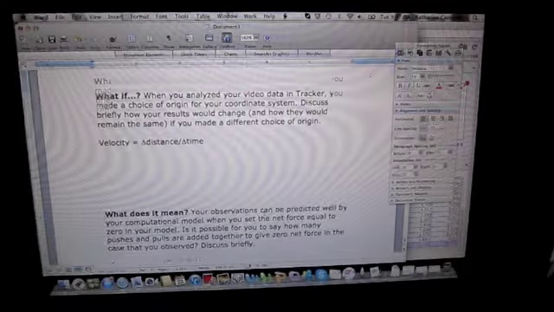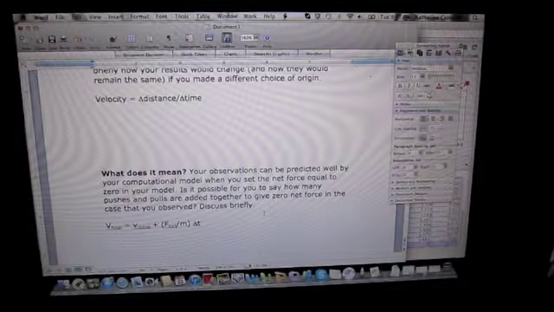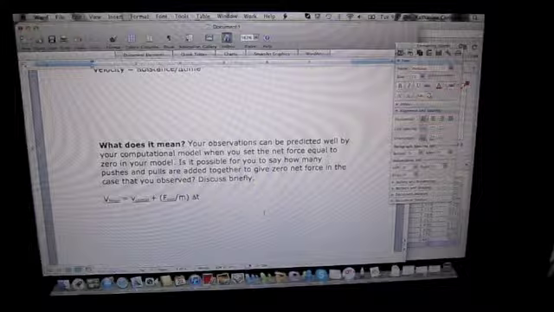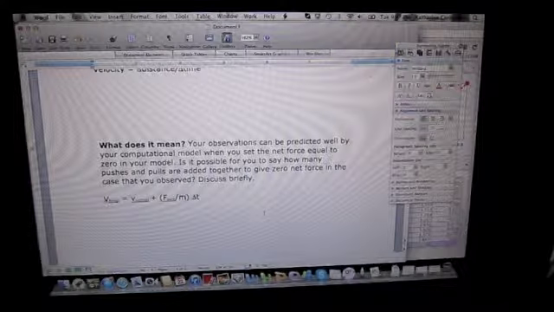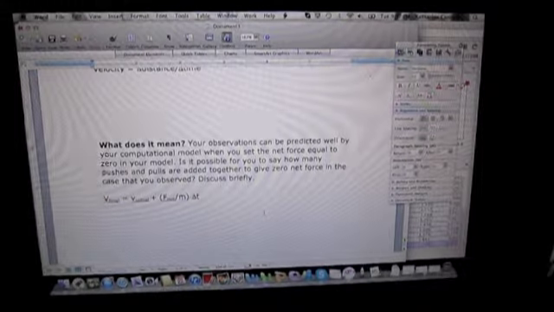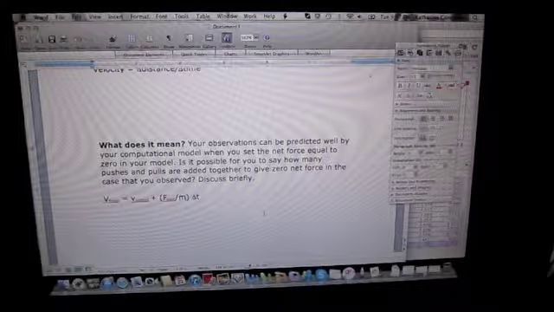The second discussion question asks if it is possible to say the number of pushes and pulls used to give the net force of 0. No, we cannot predict the amount of pushes and pulls. However, we do know that the object is moving at constant velocity over a period of time and that it does have a mass.